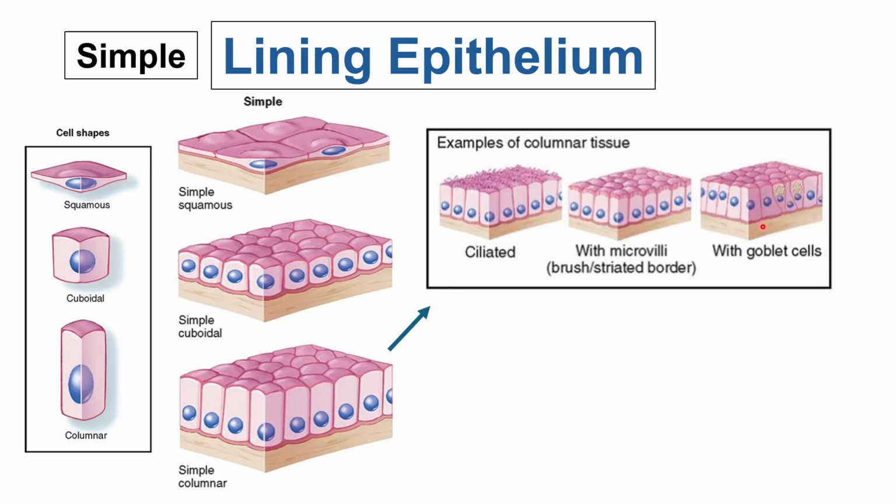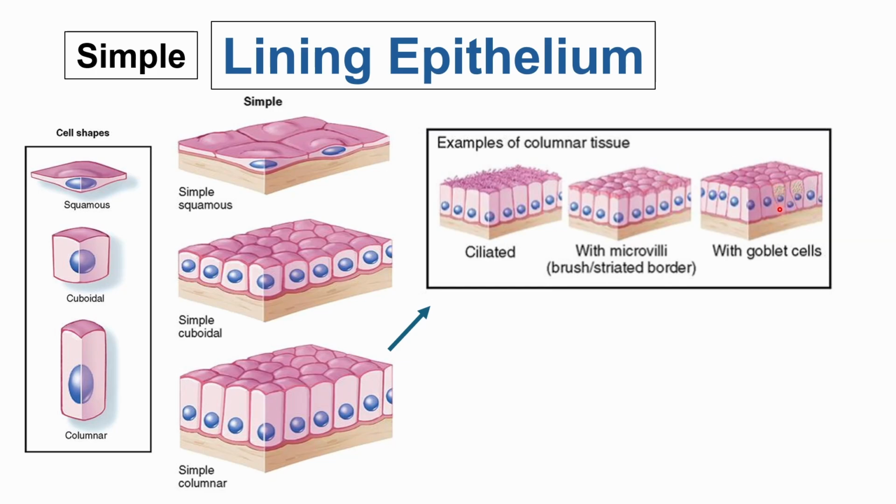Another variation of simple columnar epithelium would be the presence of goblet cells. No? These goblet cells are specialized cells that are basically unicellular glands. We will talk more about that later in the glandular type of epithelium, but it can also be described here in the lining epithelium, wherein there are goblet cells which are shaped like goblet glasses of wine because the upper part has inclusion bodies, muci or mucus.